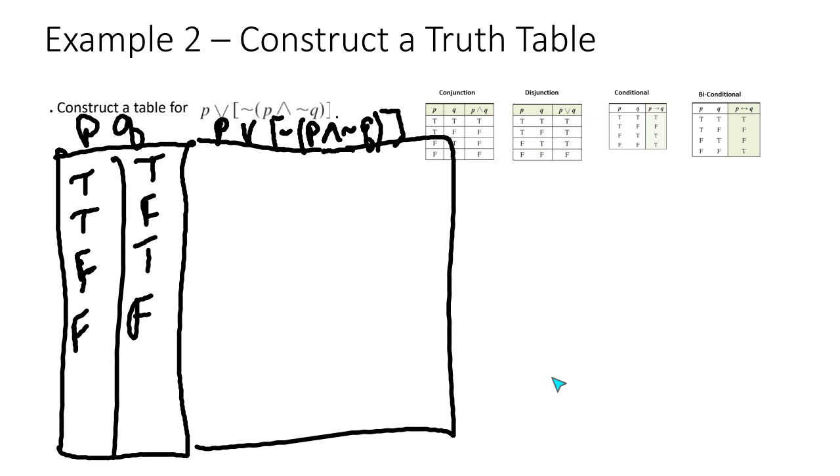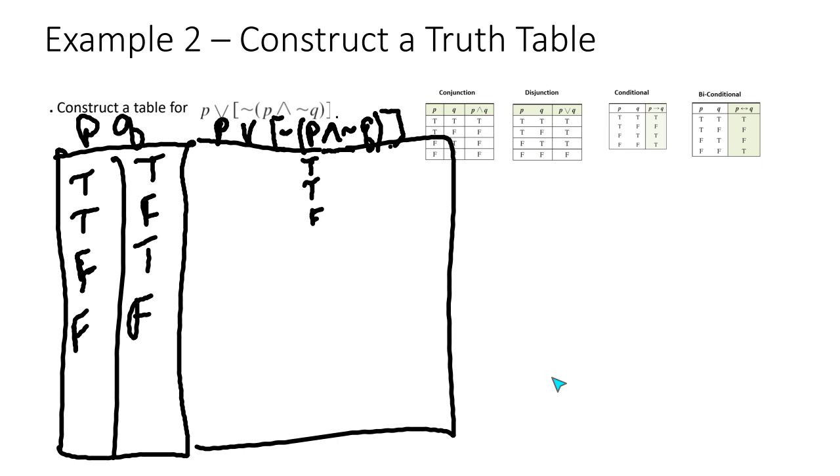So here I have a P, which is going to be true. And then true, false, and false. And I'm going to call that number 1.